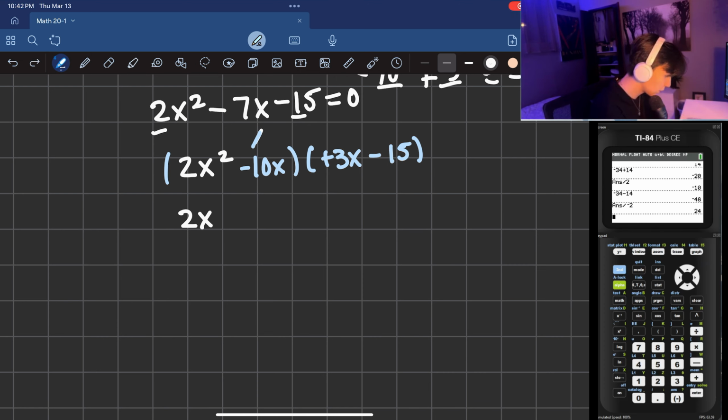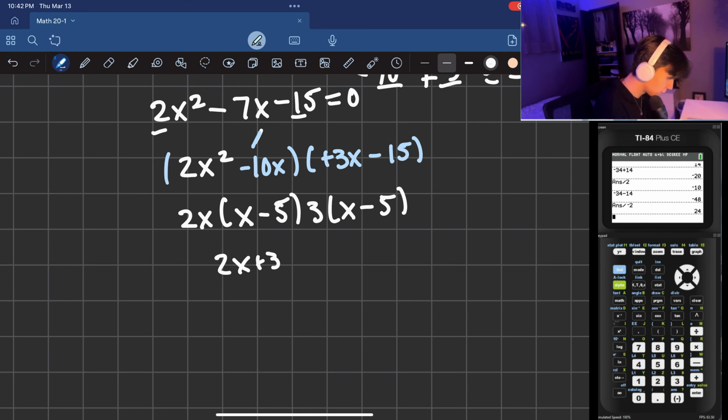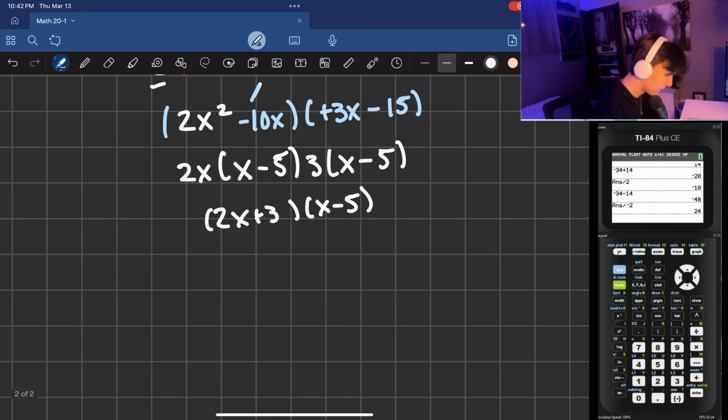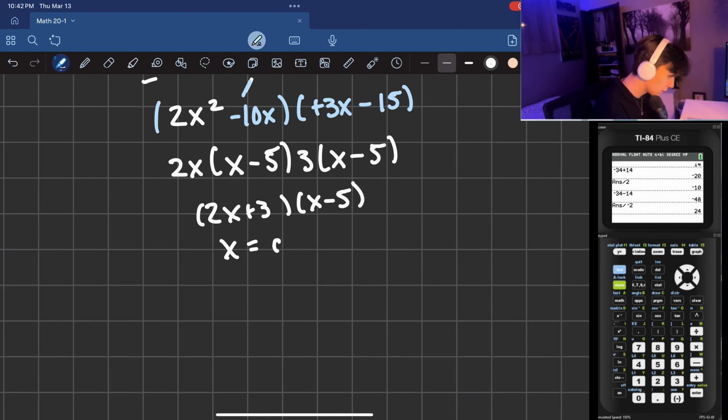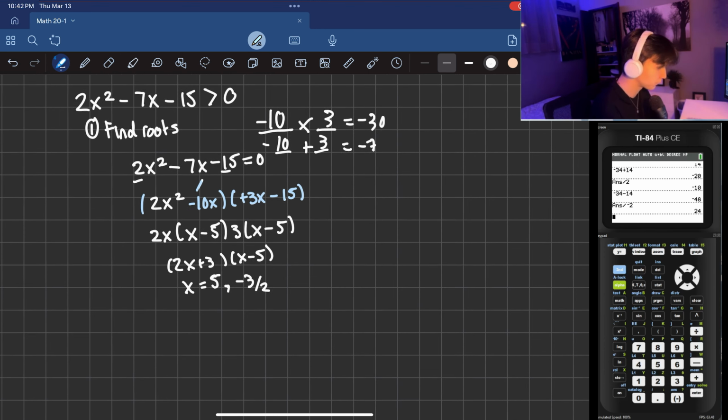We have 2x, so we factor out the 2x, and we get x minus 5. And then 3 from the second one, and x minus 5. These two terms should match up. Collect these two, and you get 2x plus 3, x minus 5. You then solve for x, and you get x is equal to 5 and negative 3 over 2.